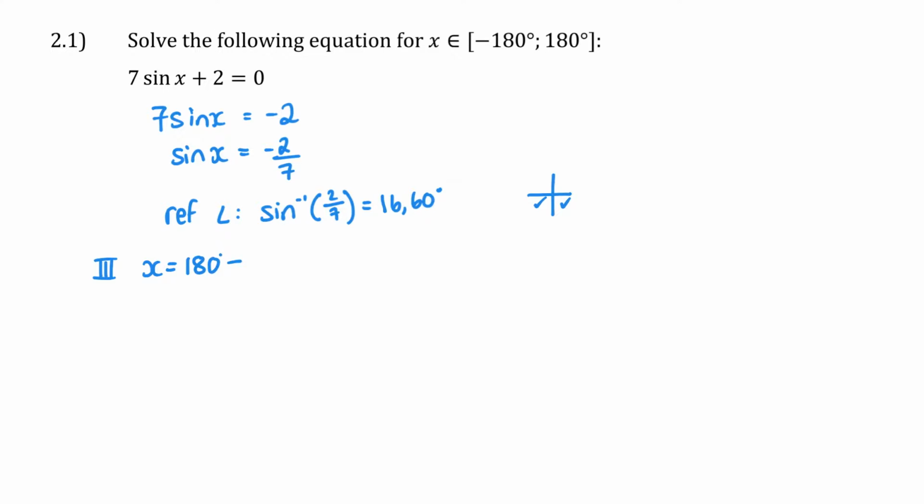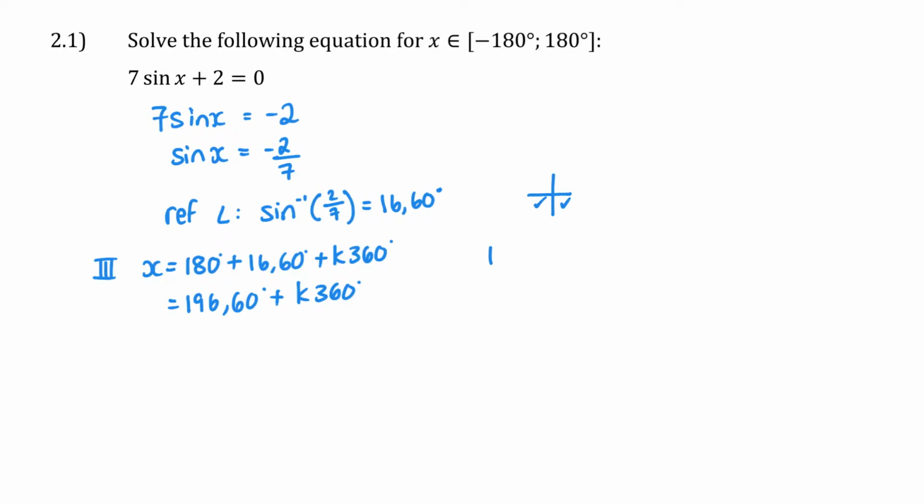So in the third quadrant, I'm going to have that x is equal to, the rule for the third quadrant is 180 plus my reference angle, and I add a repeat of 360. Because with a sine graph, your period is 360, and so the answer will repeat itself every 360 degrees. And so what that gives me is 196.6 degrees plus a repeat of 360.